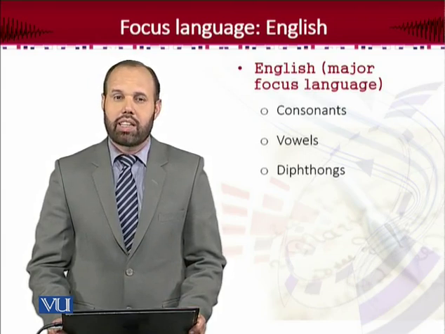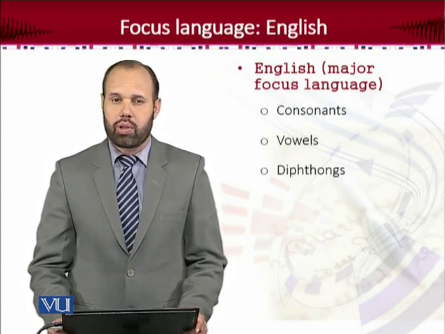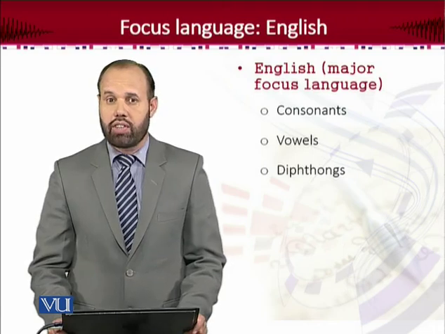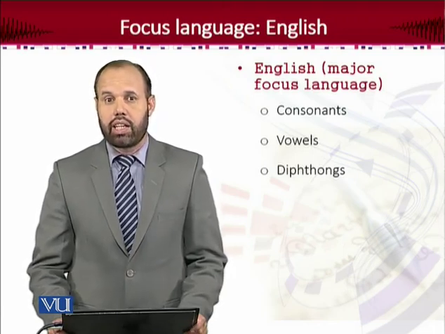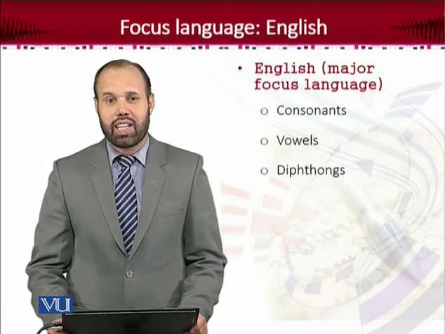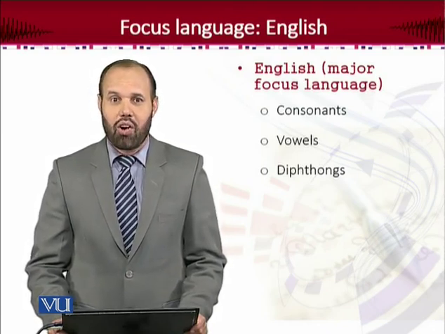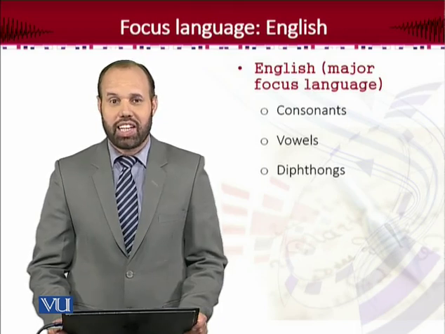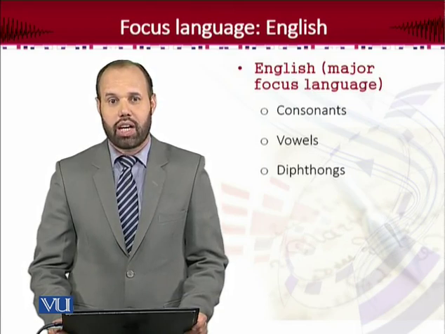We would study how English consonants are formed, what are the features of English consonants, and then how many English consonants are there, of course. And then we would also discuss English vowels, how many pure vowels are there in English, how many short vowels are there, and then how many long vowels are there.